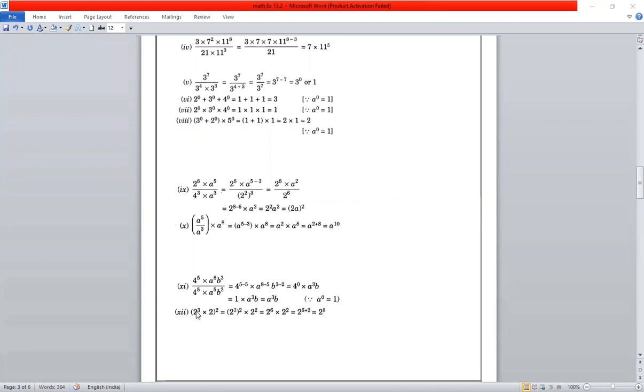So 2 to the power 3 whole to the power 2 into 2 to the power 2. This question can also be done in a different way. Let me complete this one and I will show that method also. 2 to the power 3 into 2 is 6, into 2 to the power 2 as it is. When bases are same, add the powers, that is 2 to the power 6 plus 2 is 8.